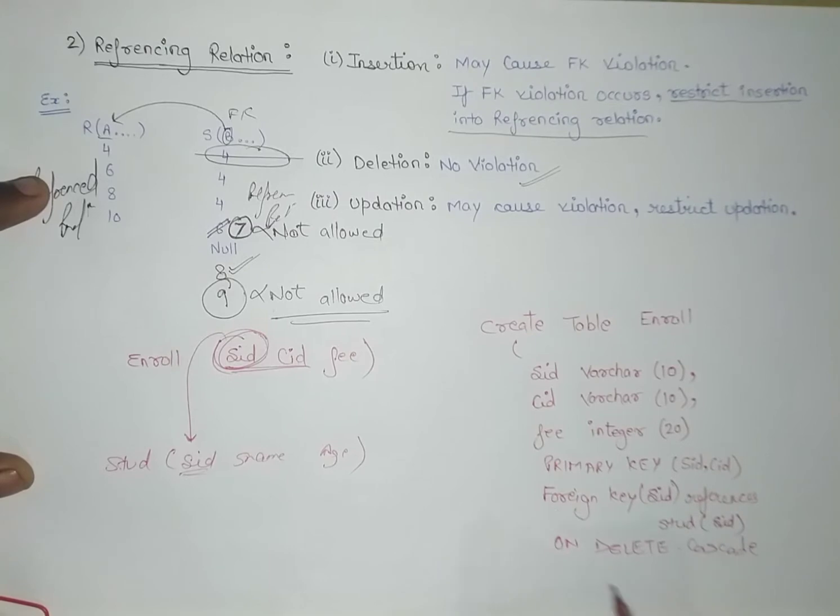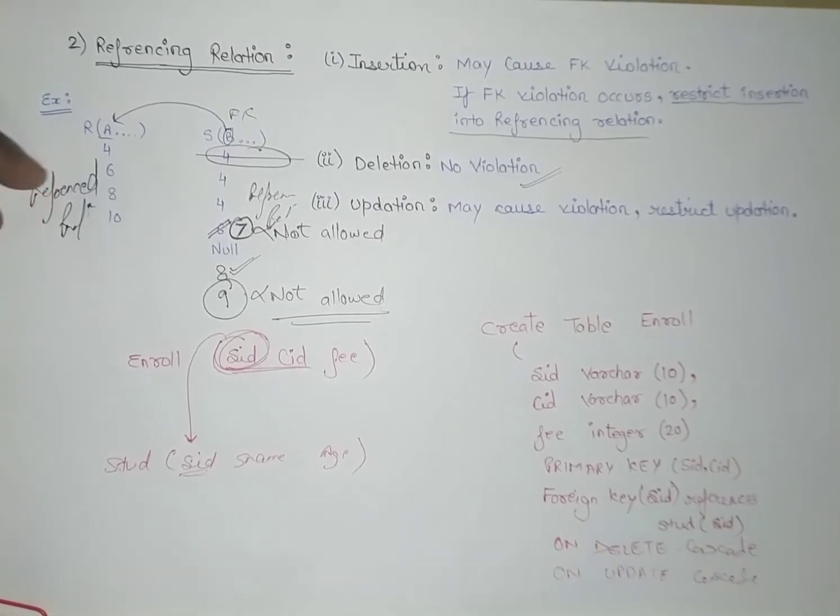And this is for deletion. Now we have to use it for update as well. So we can write on update cascade, right? So this is all about the keys.